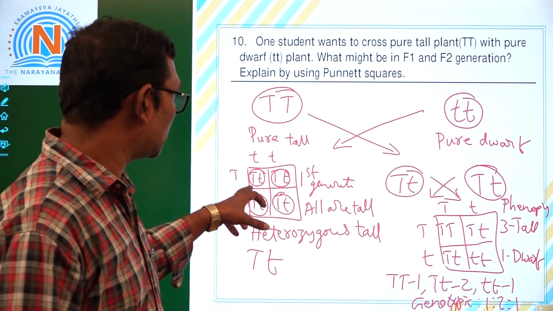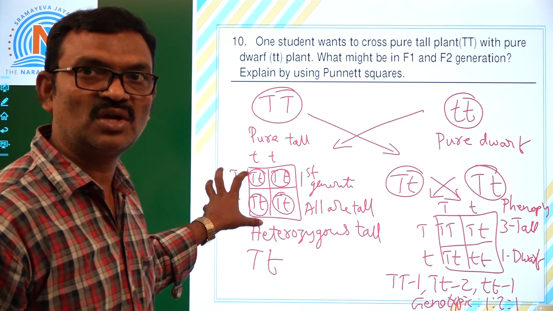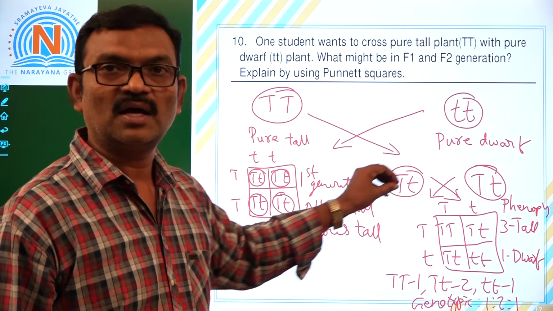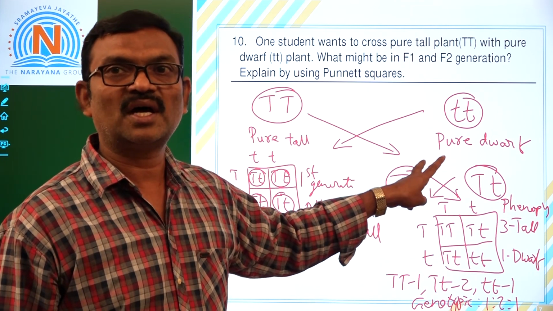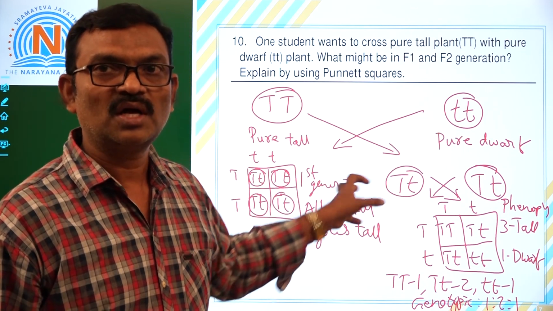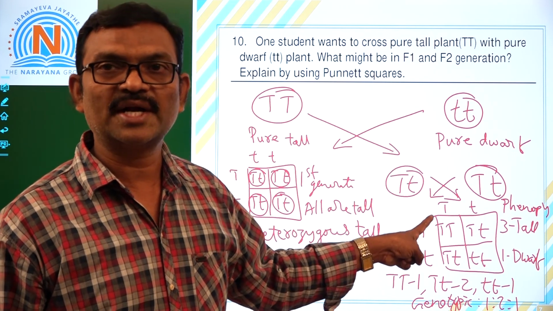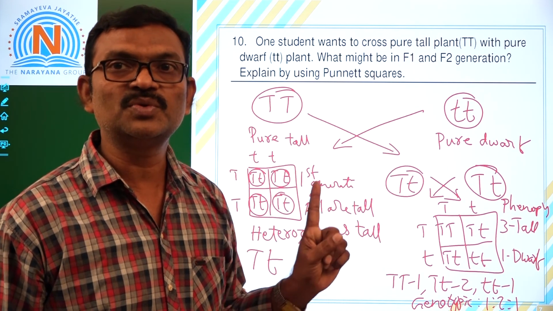So I showed it in the Punnett square. In the first generation all are heterozygous tall, and in the second generation 3 are tall, 1 is dwarf according to phenotypic ratio. But according to genotypic ratio, 1 is pure tall, 2 are heterozygous tall, and 1 is pure dwarf.